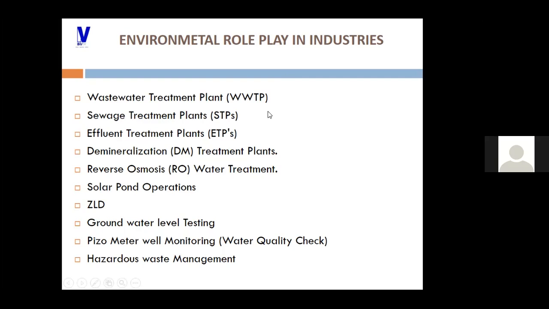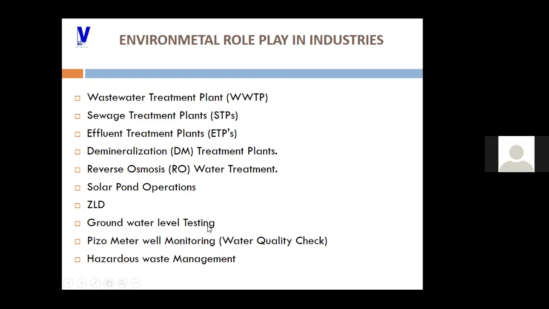First and foremost, as I initially told, water treatment is their main task in all kinds of plants. There are different kinds of water treatment plants in all the industries. One is the wastewater treatment plant, another is the sewage treatment plant. The sewage treatment plant is very simple.